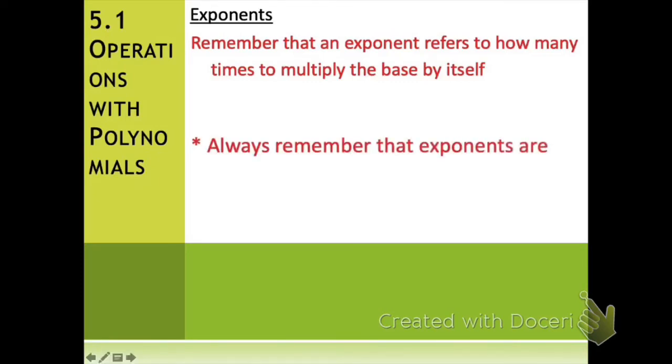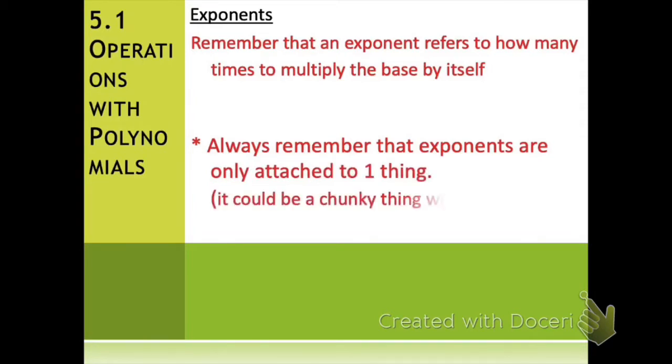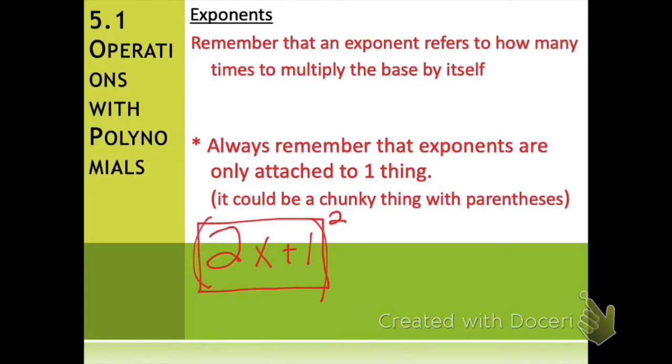Something important to remember in this unit: always remember that exponents are only attached to one thing. It could be a chunky thing with parentheses. So in this case, if I have 2x plus 1 in parentheses to the 2nd power, since there are parentheses and there's a 2 outside of it, this whole thing is being multiplied by itself 2 times.